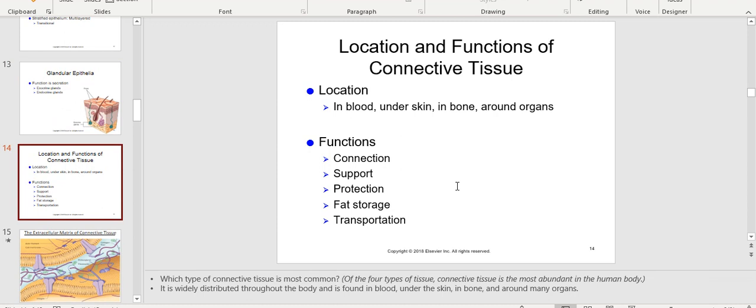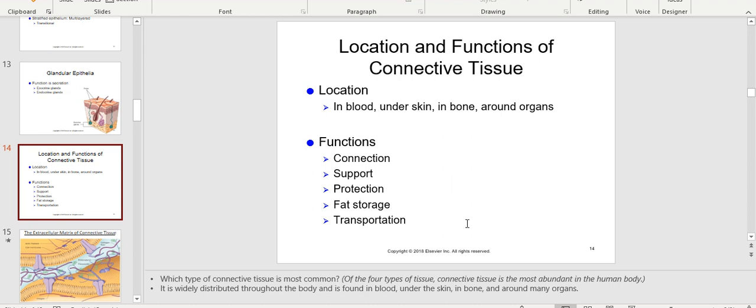Location and function of the connective tissue. Would you believe that connective tissue, bone, these kinds of things, even blood, is a form of connective tissue? So functions here: connection, support, protection, fat storage, transportation.